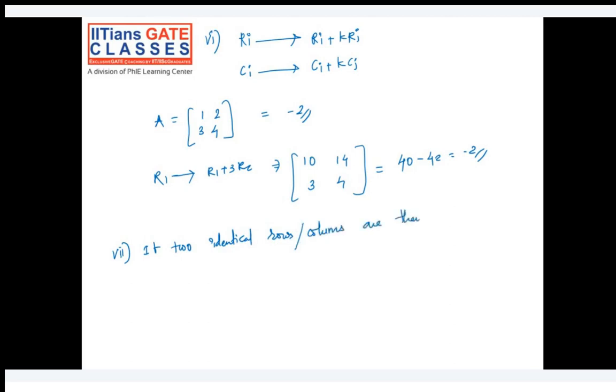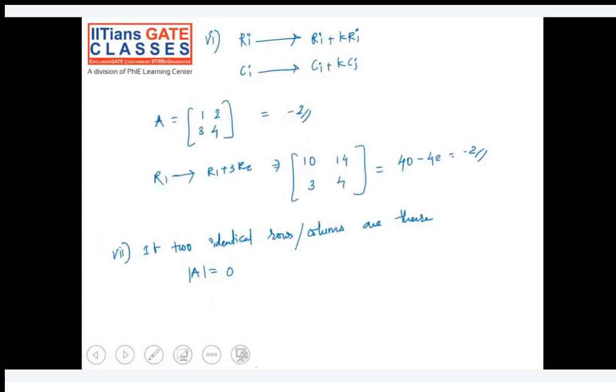Yes, correct. It's 0. Why? Because you can perform a row operation or column operation, and you can easily make that row or column 0. And if we have even a single row or column which is entirely 0, in that case we'll have determinant as 0.